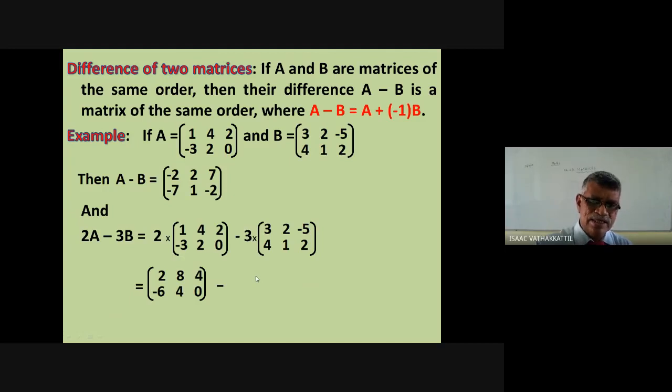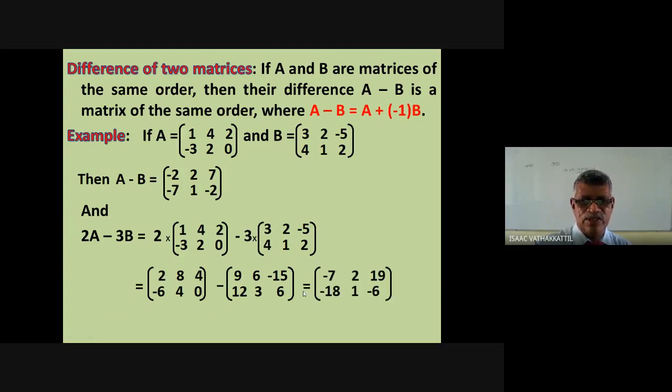It's [9, 6, minus 15; 12, 3, 6]. So 2A minus 3B, what is that now? 2 minus 9, minus 7. 8 minus 6, 2. 4 minus 15, that is minus 11. Minus 6 minus 12, that is minus 18. 4 minus 3 is 1. And 0 minus 6 is minus 6.